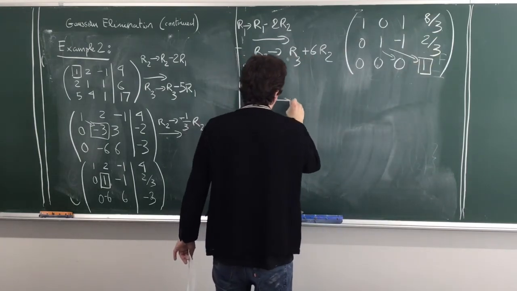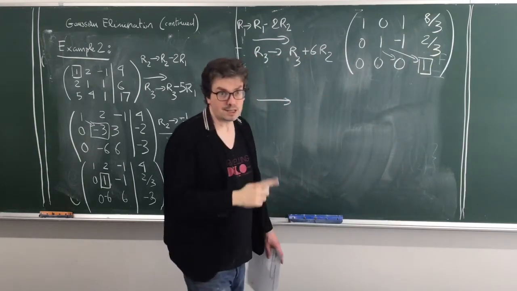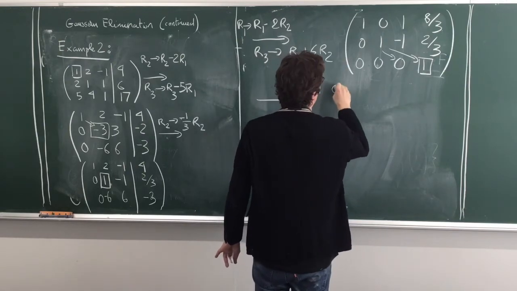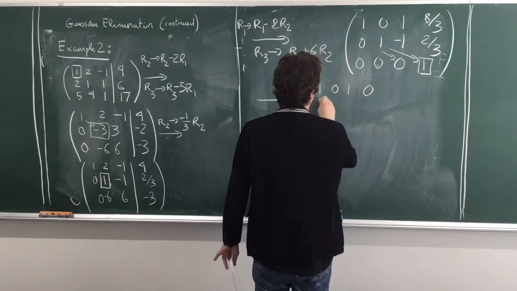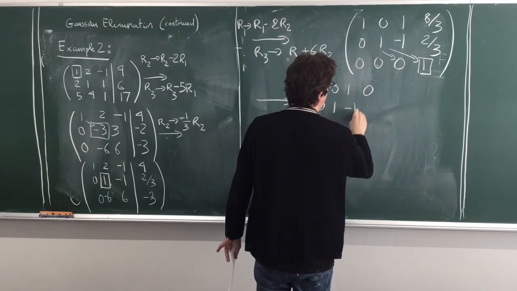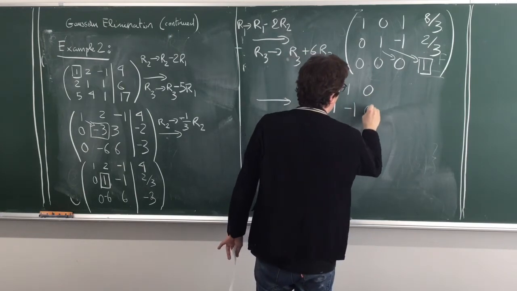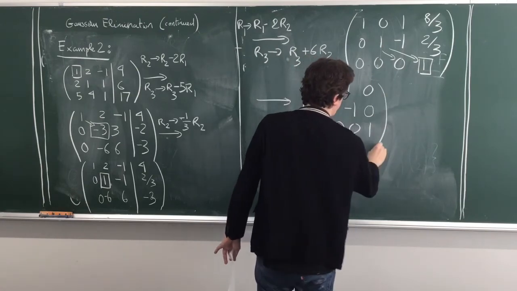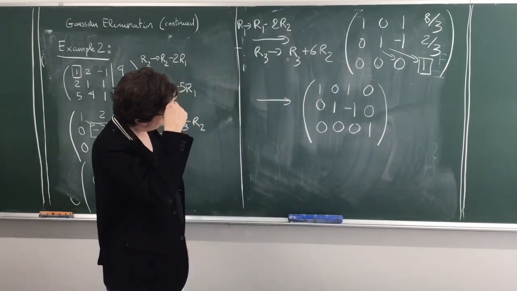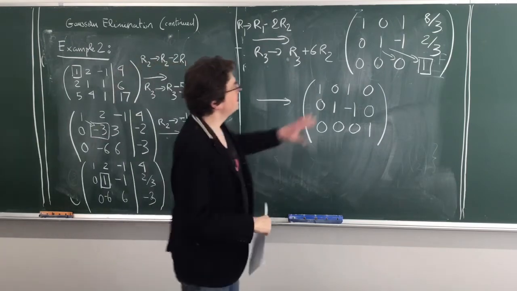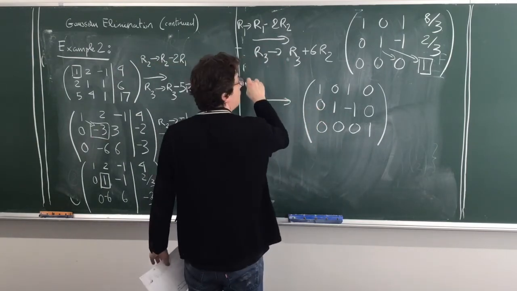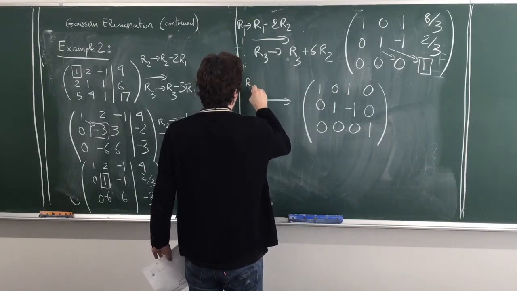So you can immediately predict, in fact, what will be the REF. The REF will be 1, 0, 1, 0, 0, 1, minus 1, 0, and then 0, 0, 0, 1. Okay, with practice, you can immediately deduce this. If you want to go slowly, this is also fine. Then I modify row 1.